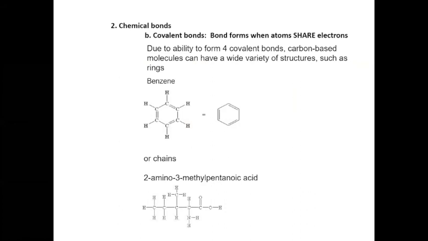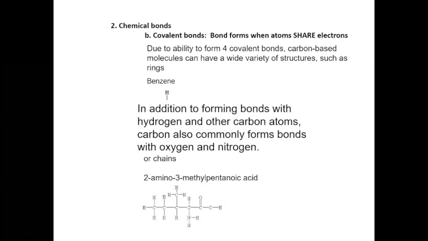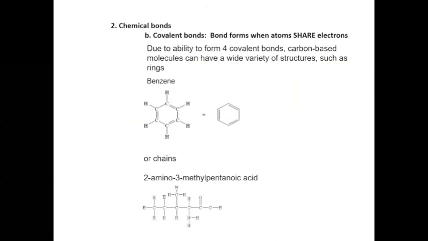You can have chains. All right? Fatty acids are basically long carbon and hydrogen chains. Fats. Okay, well, they can form chains, they can form rings, all kinds of shapes.